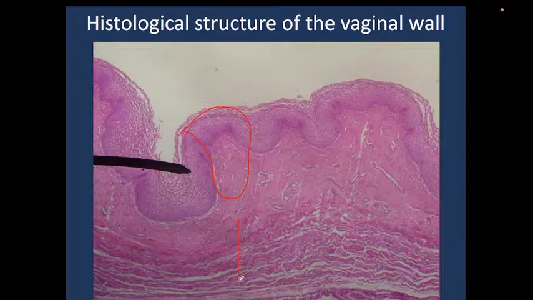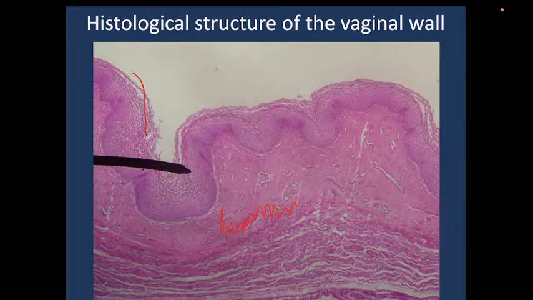Then the muscular layer, and the external layer is adventitia. The mucous membrane is firmly connected to the muscular membrane, so this is a close contact, and there is no submucosa in the vagina.